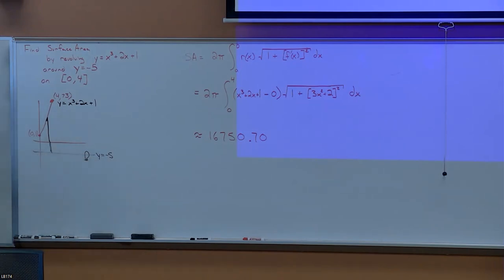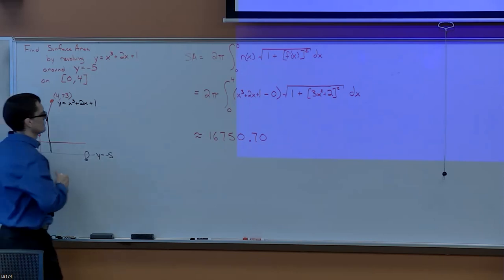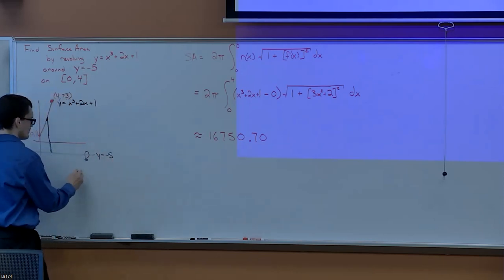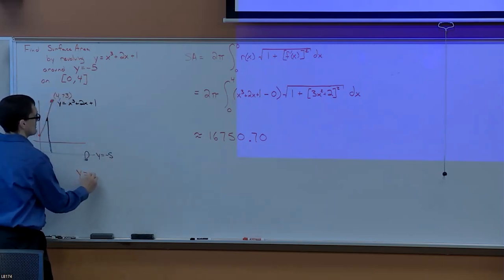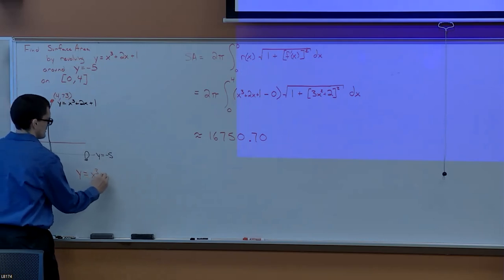Below the x-axis. How does that change my problem? Well, it turns out not very much.